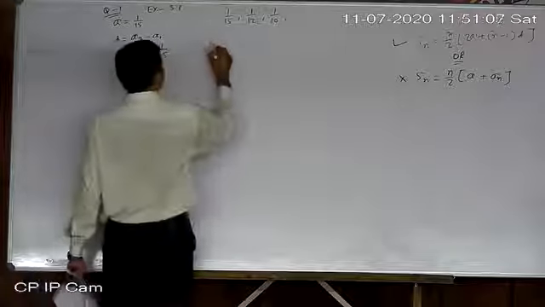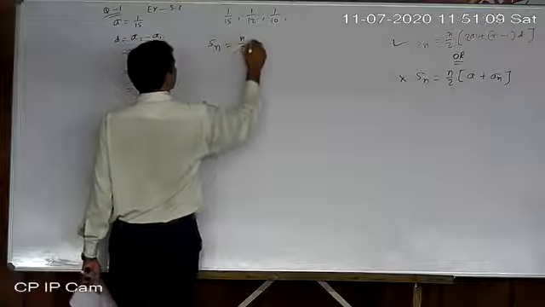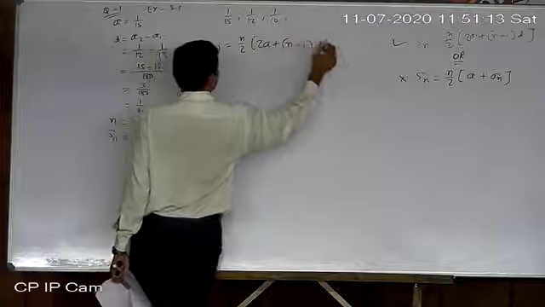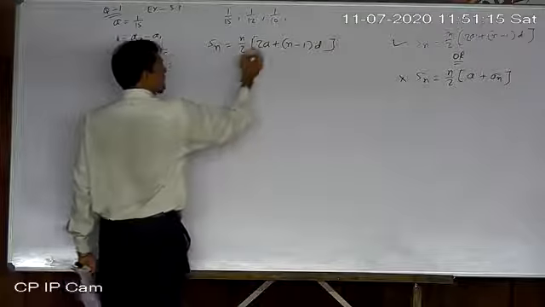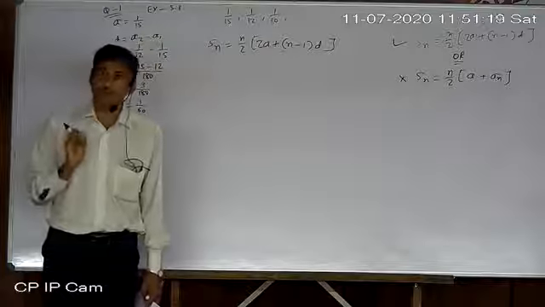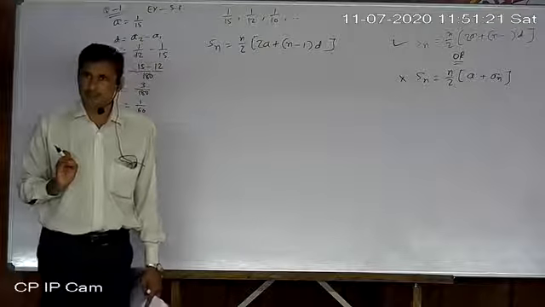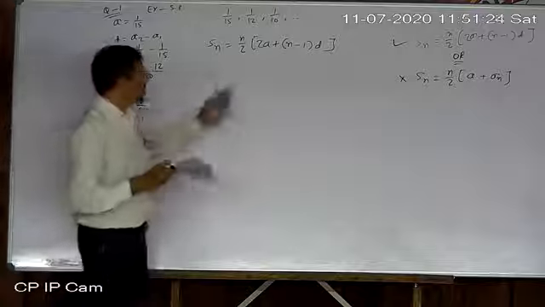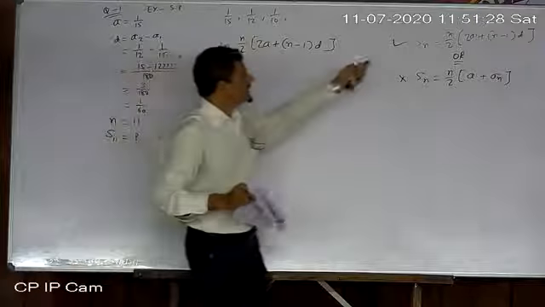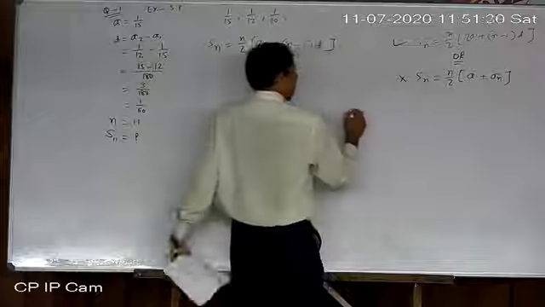So now Sn equal to n by 2 (2a plus (n minus 1) d). Don't cancel 2 and 2. That way cancellation is not possible. Many students make this type of mistake. If it could be cancelled, then they might have given the formula that way only.